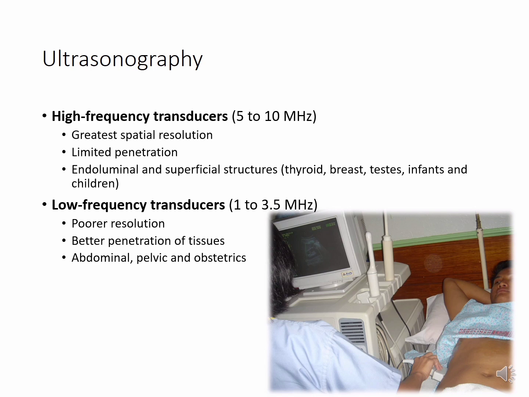They are routinely used for endoluminal applications, examination of superficial structures such as thyroid, breast, and testes, and examination of infants, children, and small adults. Lower frequencies, ranging from 1 to 3.5 megahertz, on the other hand, enable better penetration of tissues, but of course at the cost of poorer resolution. So lower frequency transducers are used for most abdominal, pelvic, and obstetric applications.